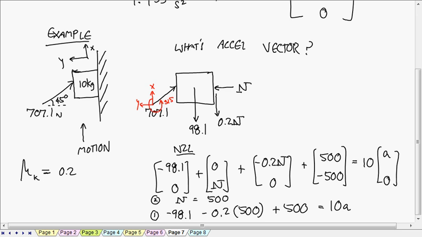Oh, those are both negative. Oh, okay. So what is it? 301.9. Okay, that's still a crazy acceleration. I guess that's just a really big force.